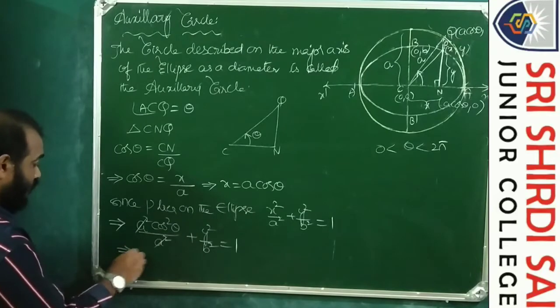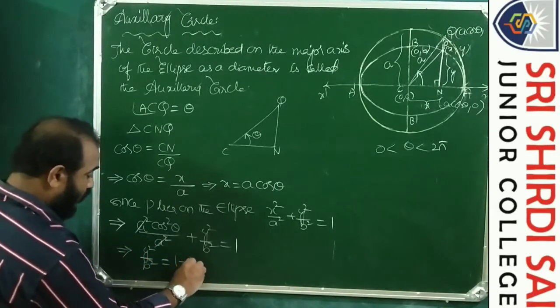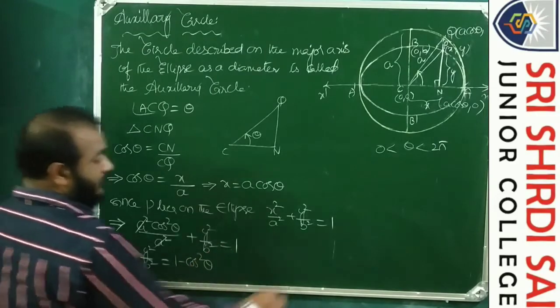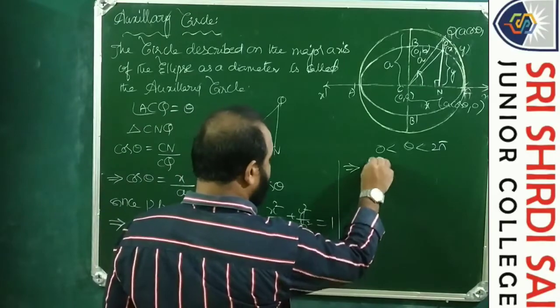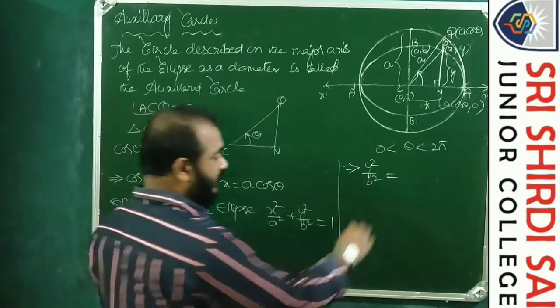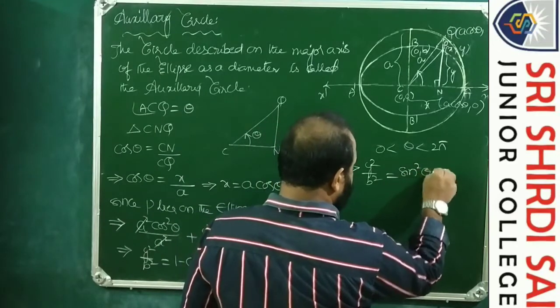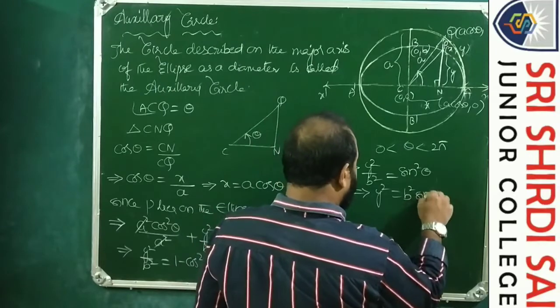So y square by B square is equal to 1 minus cos square theta, which is sin square theta. So y square equals B square sin square theta.